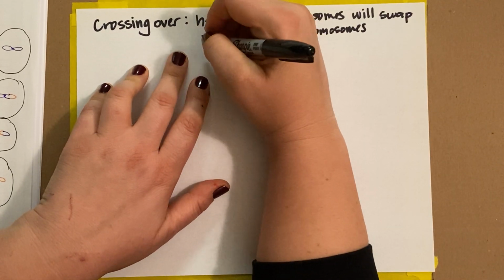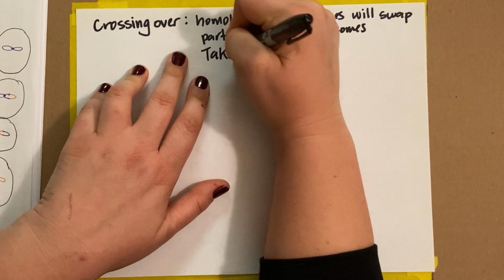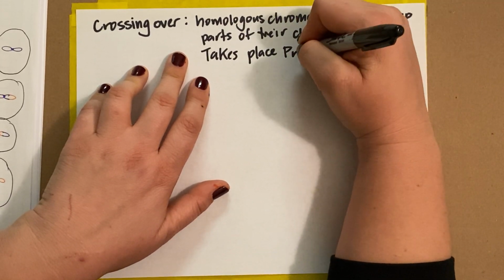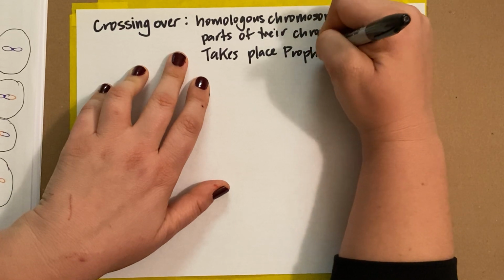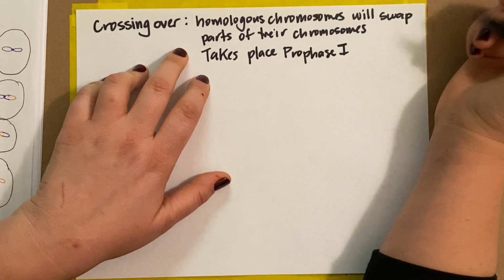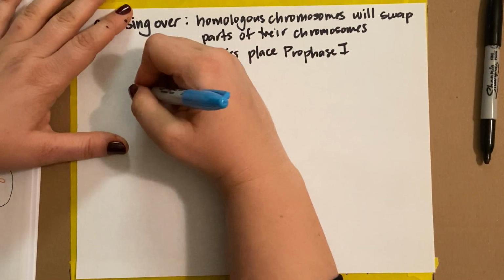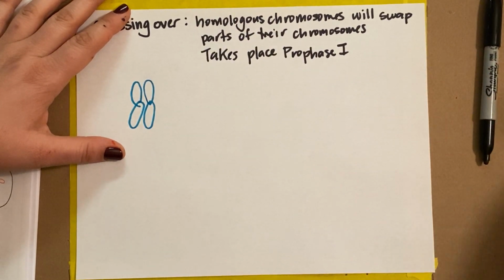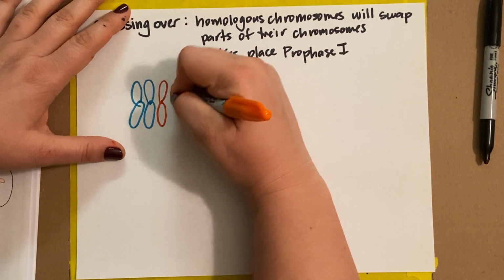Okay, this is going to all happen during prophase 1 of meiosis. So what's going to happen, and so we've seen this before, I'm going to draw, we've had DNA replication already take place.